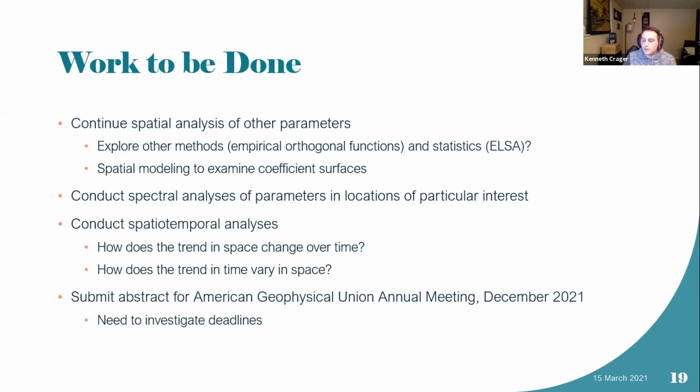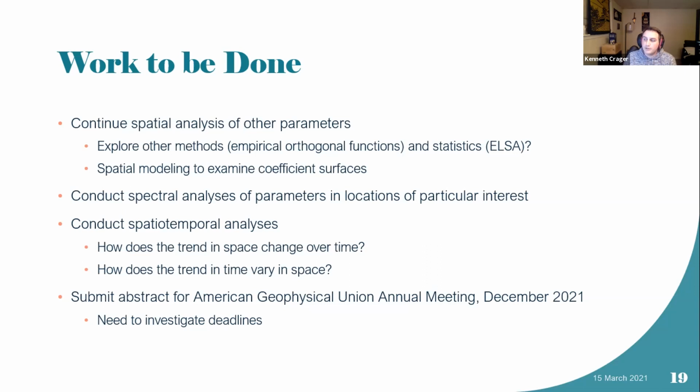Kind of jumping a little bit ahead of myself, one of the things that's fun about using R is you're constantly looking and learning how to use different packages to do what you want to do, to see if they have the functions you need. And so I came across a paper describing a new statistic for spatial autocorrelation and distributions called ELSA.